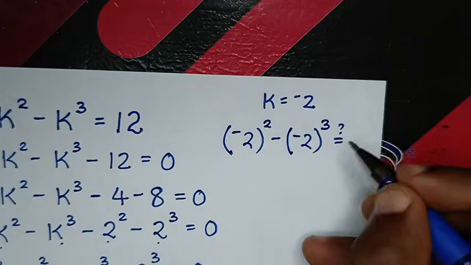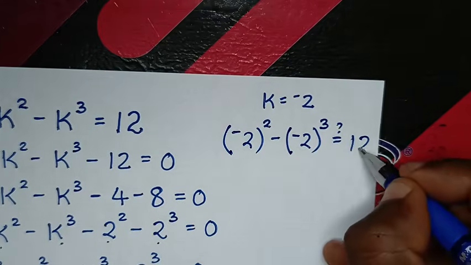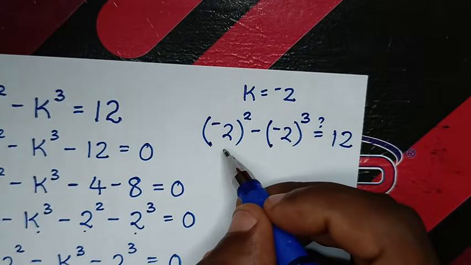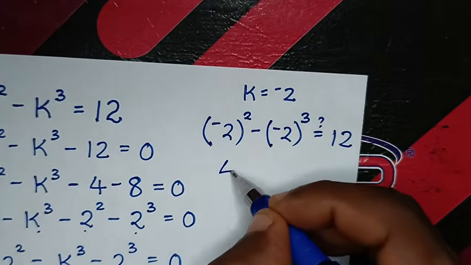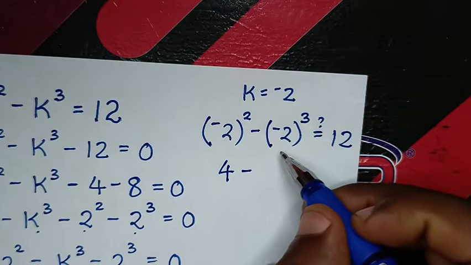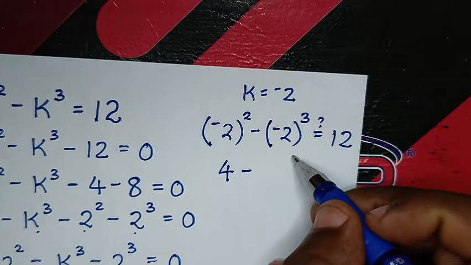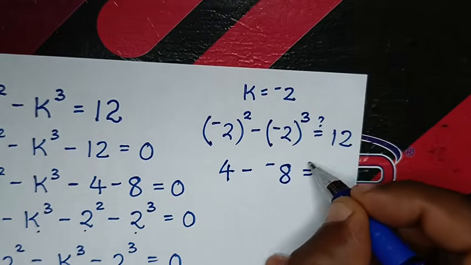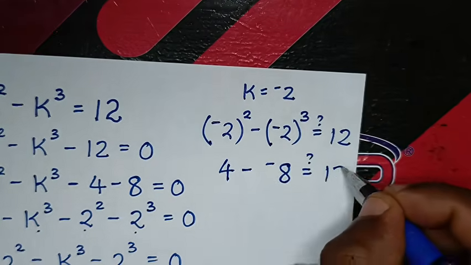Is it equal to this 12? Now negative 2 square is the same as negative 2 times negative 2, which is positive 4. Then minus negative 2 to the power 3 is the same as negative 2 times negative 2 times negative 2, which is negative 8.